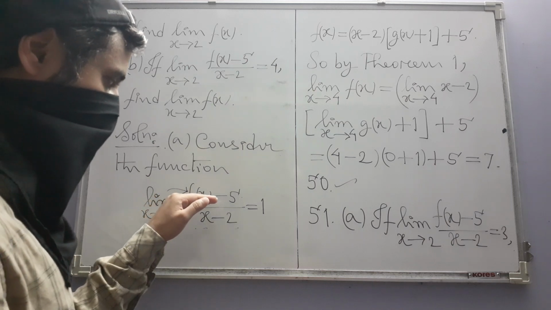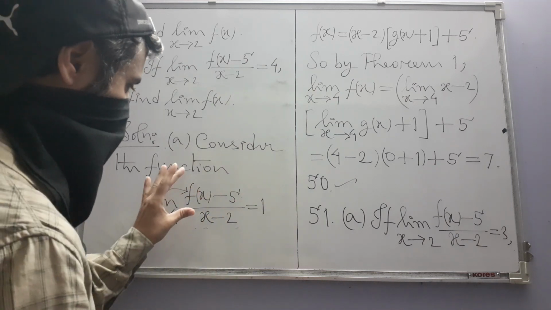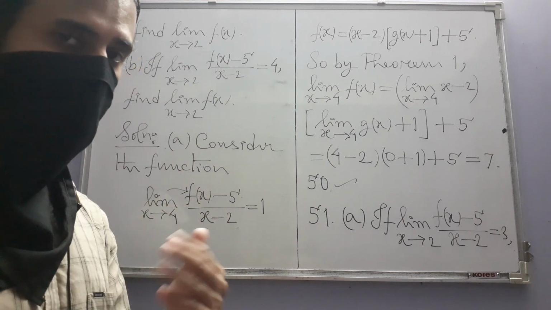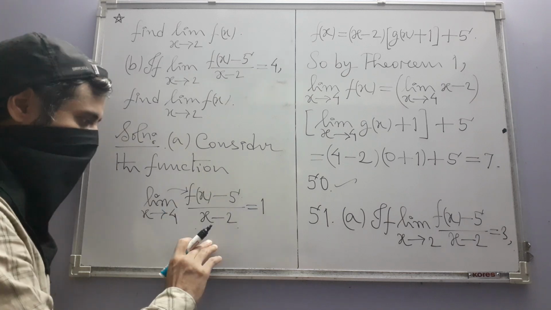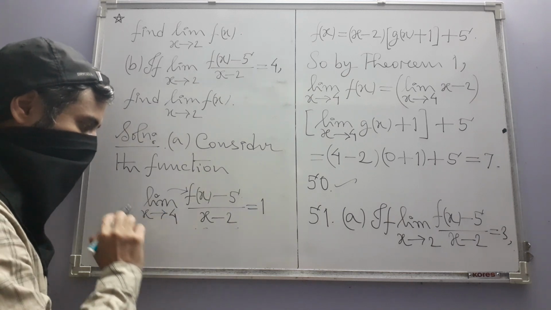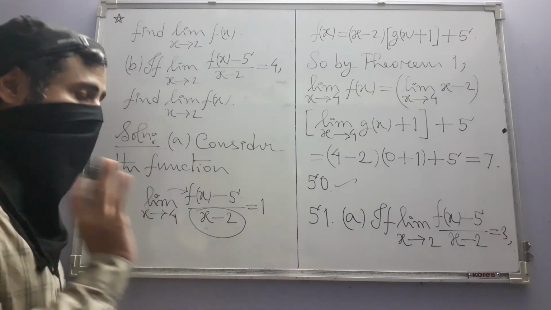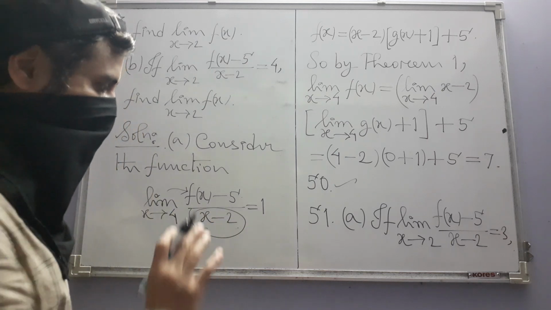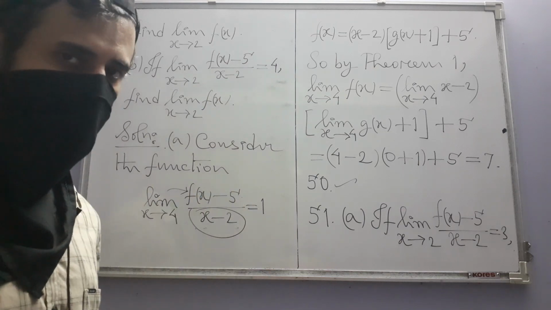At first glance there is no problem in applying that part of theorem 1 which deals with the quotient, because once you consider the limit of the denominator, it does not become 0. So that may convince us that we are on the right track.